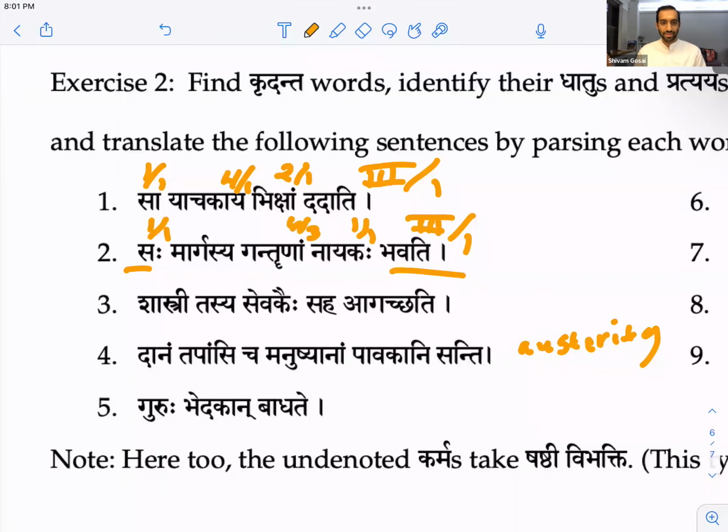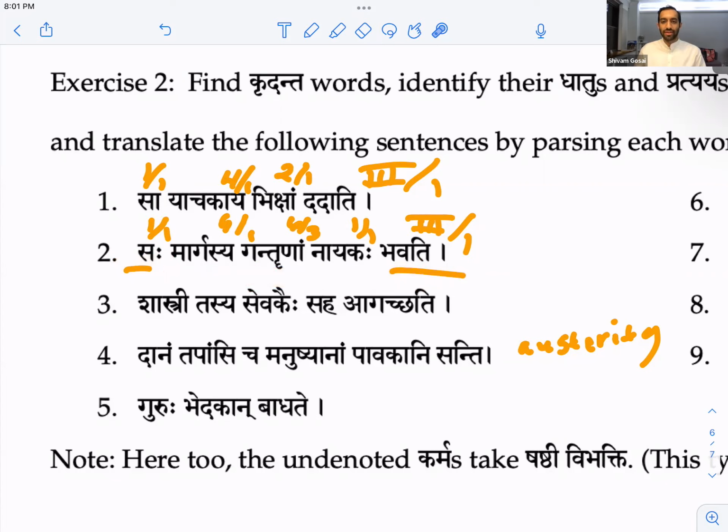The travelers of what? Margasya. Marga, Akaranta, Pullinga, Shashti Vibhakti Ekavachanam. This is Sambandha Shashti to Gantrunam, because it's the travelers of the road, of the path. Marga means road or path. He is the leader among or of the travelers of the path.